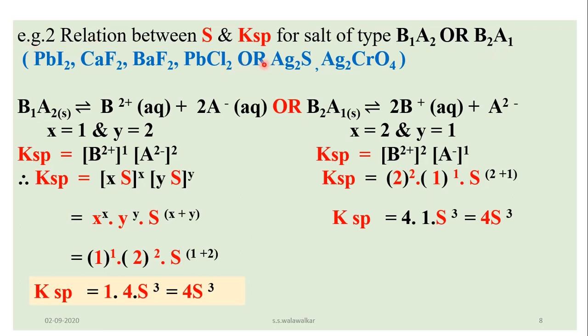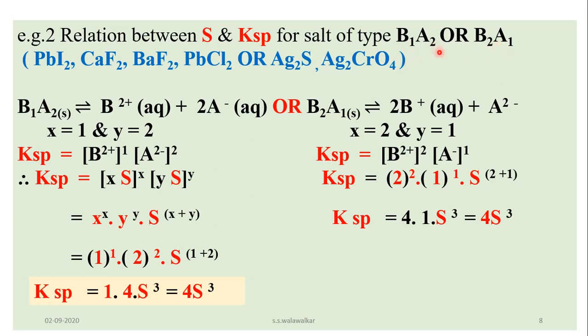Examples of this type of salts are PbI2, CaF2 (calcium fluoride), BaF2 (barium fluoride), lead chloride, which are B1A2 type, or Ag2S (silver sulfide), silver chromate Ag2CrO4, which are B2A1 type, where the ratio between cation and anion is 2:1.